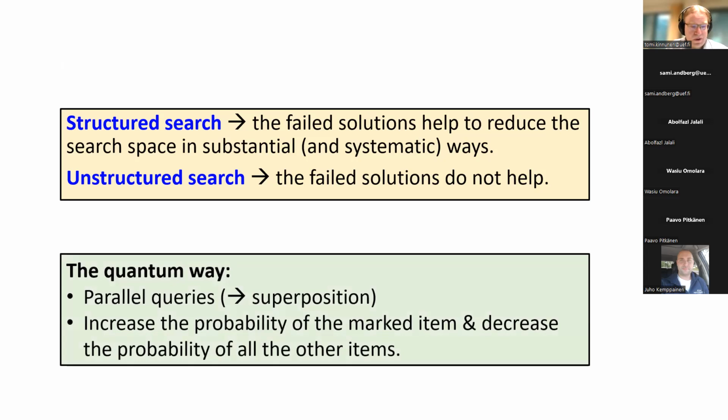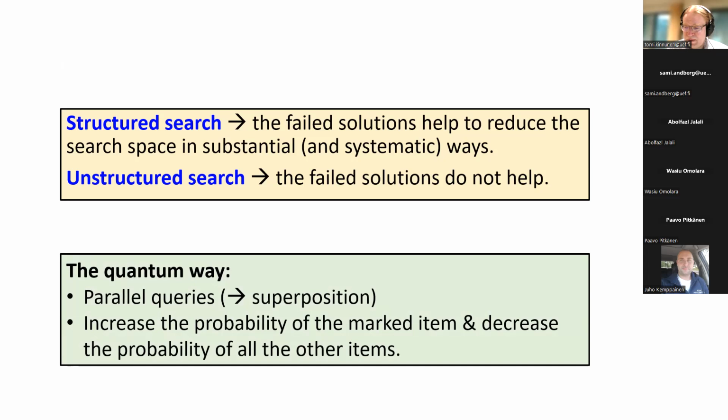And again, the idea is what was already mentioned. We are going to send parallel queries to create superposition. Then we are going to systematically increase the probability of the item that we are looking for, the marked item, and at the same time decrease the probability of all the rest of the elements.